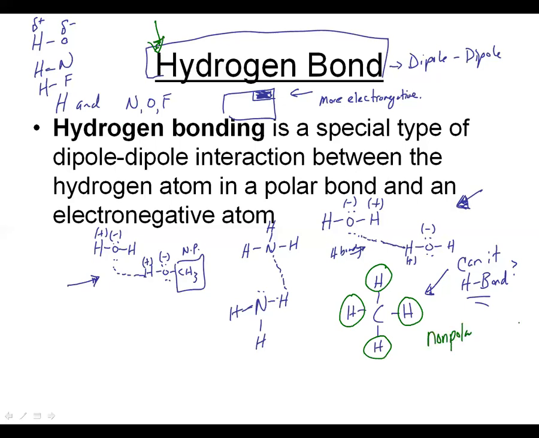If you remember, there are a couple of ways you could come to that conclusion. The first way is that the bond between carbon and hydrogen itself is non-polar. And that technically means all those bonds are non-polar, which means there's no separation of charge. In order to normally have a polar molecule, you need some type of polar bonds.